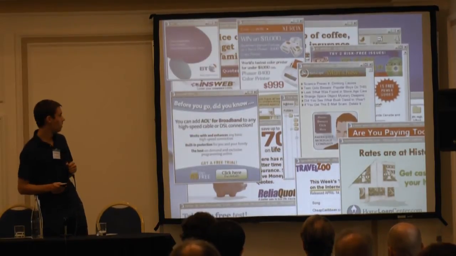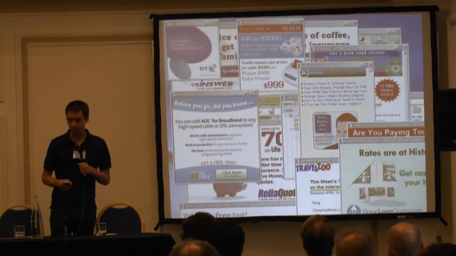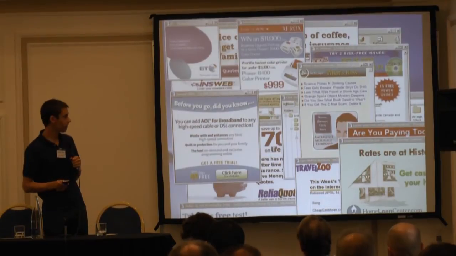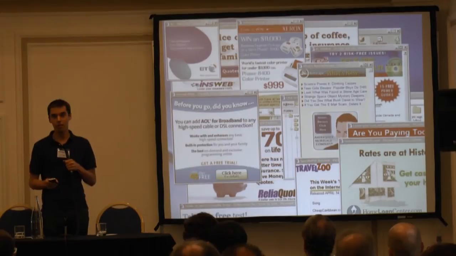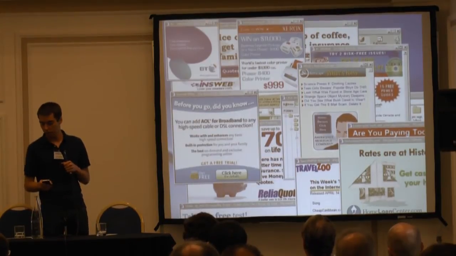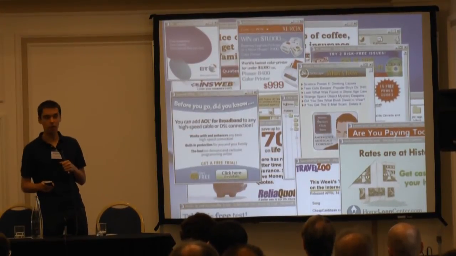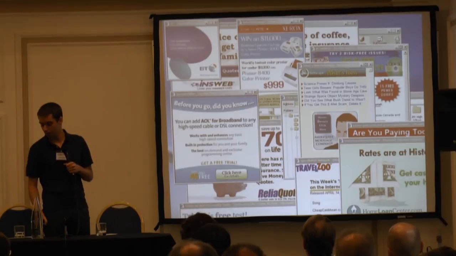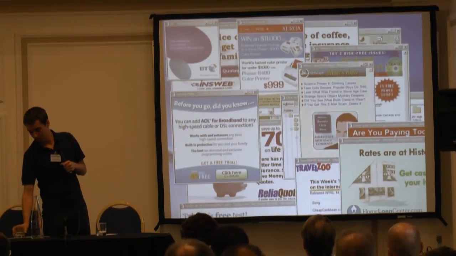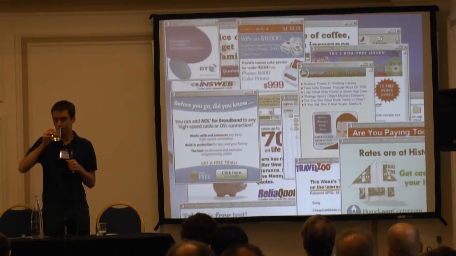Quick diversion. So many of us have seen a computer that looks like this. Maybe it's not your computer, but a family member's computer or someone you know. And one way of looking at this is that the user was dumb and didn't know what they were doing. And that's one view.